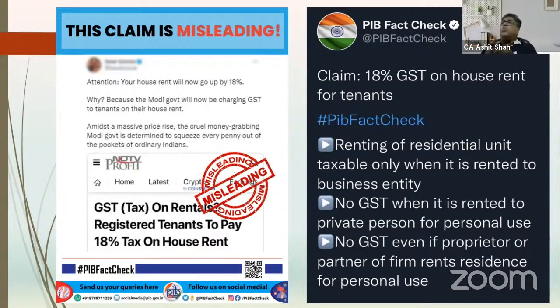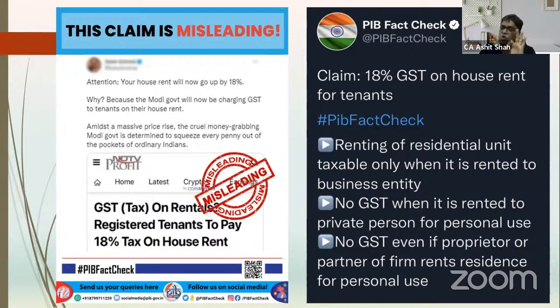Then I wondered why such a clarification had to be given. That means what kind of entity are they trying to cover under this whole thing? Then I tried to search out recent ARs, and I came across a Mumbai AR, I forgot the name, wherein LIC has taken on rent residential property used for the residence of their employees.